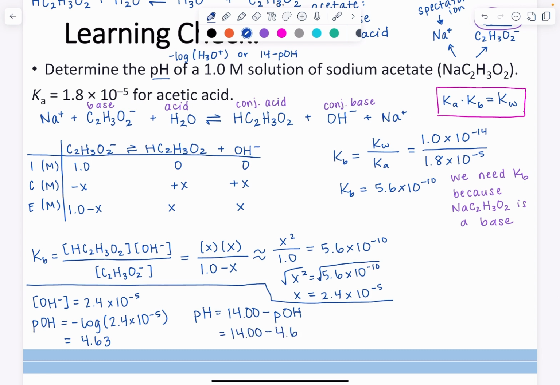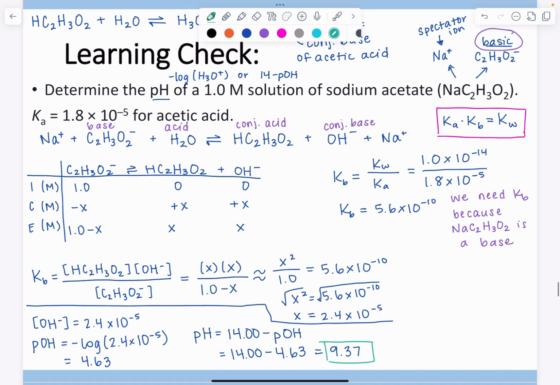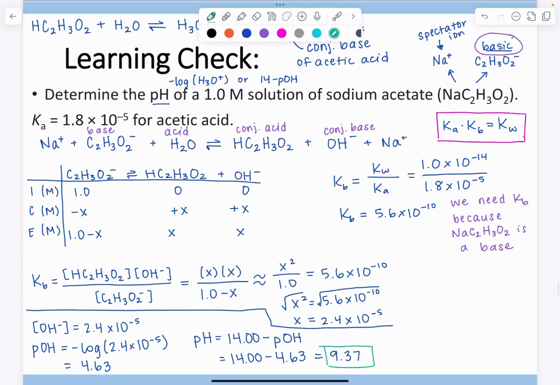So 14 minus 4.63. This is 9.37. So that is the final answer, the pH of a 1 molar solution of sodium acetate.